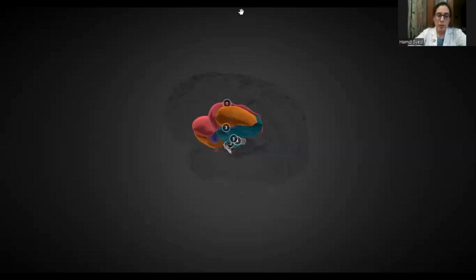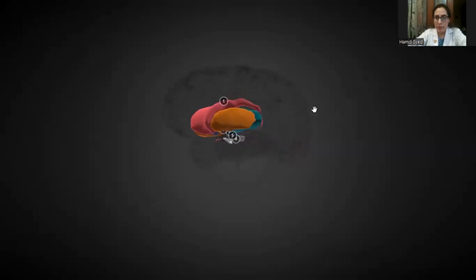Okay, so now we are going to be looking at a three-dimensional model of the brain, and our focus is on the basal ganglia. So if you look over here and you follow the hand pointer, you can see that this is the outline of the cerebrum.